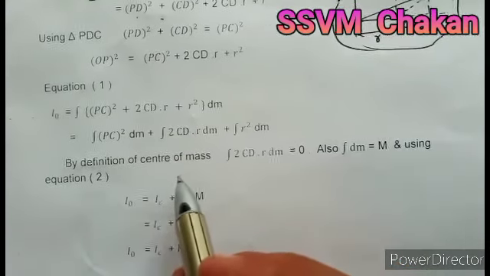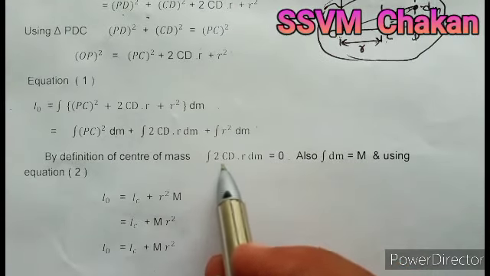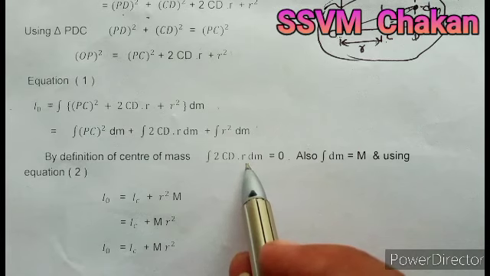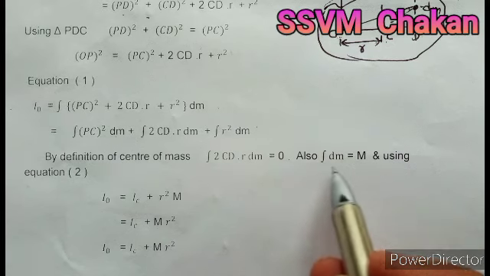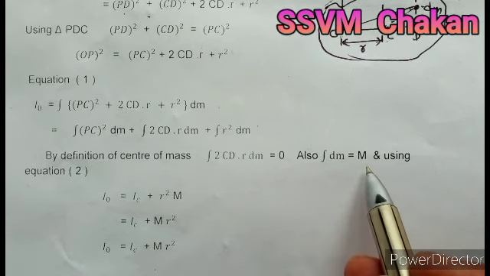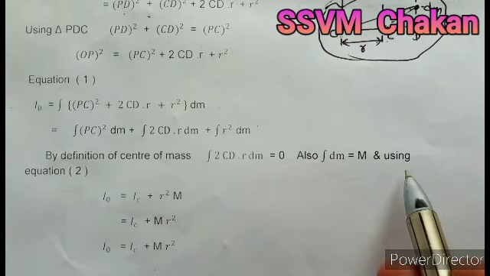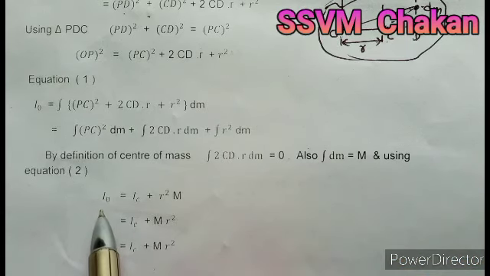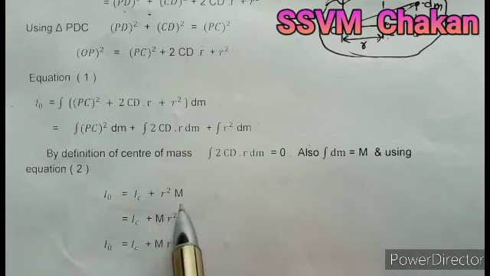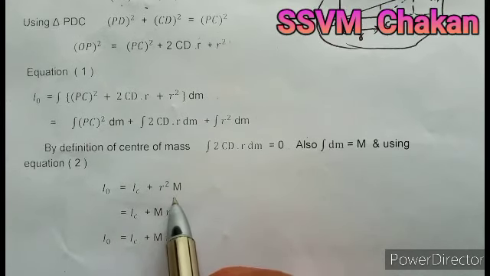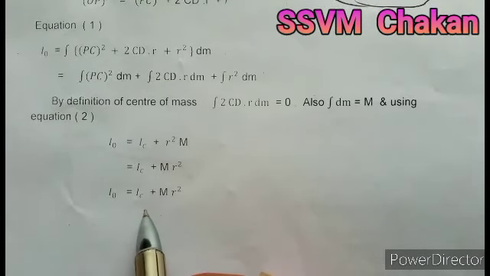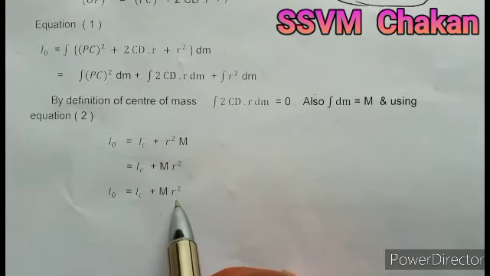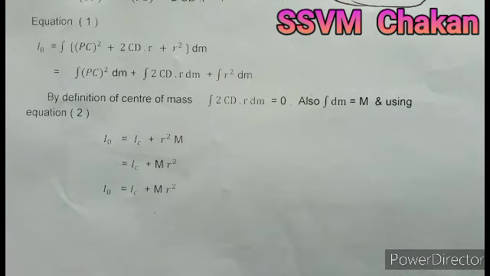By definition of center of mass, integration 2 CD dot R dot dm is always 0, and also integration dm is equal to capital M. Using equation number 2, we write I0 is equal to IC plus R square into capital M, or we may write I0 is equal to IC plus M R square.